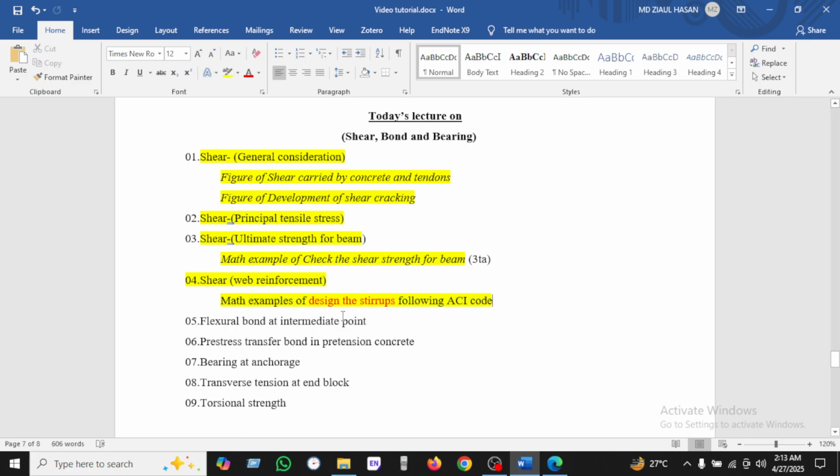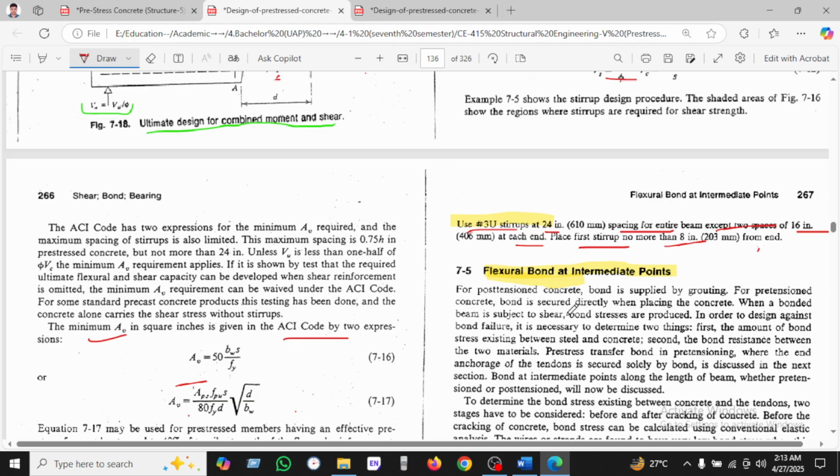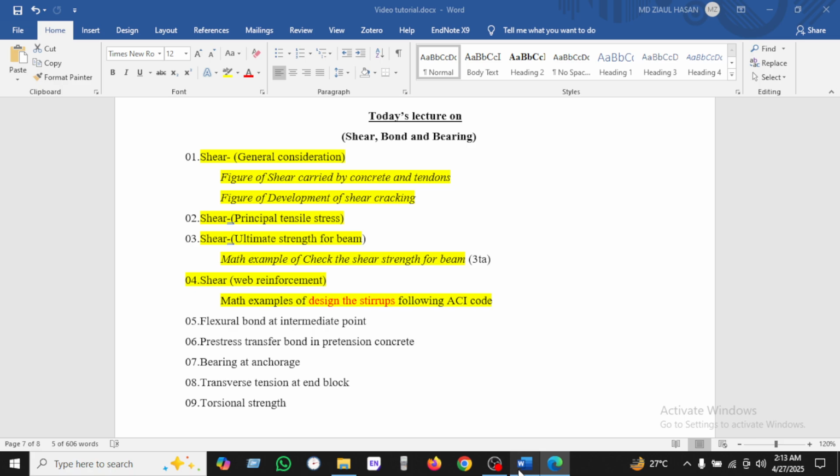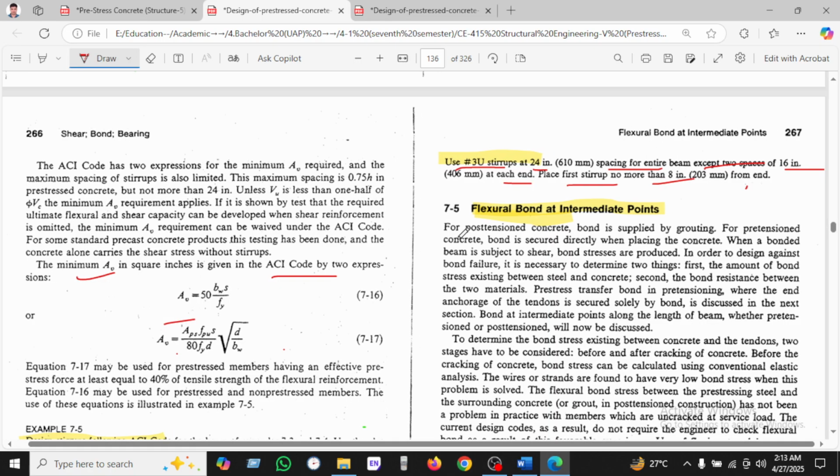Now we can see flexural bond at intermediate points. So here, flexural bond at intermediate points, we can see here some theory, all theoretical, there is no math example. Okay, so for post-tensioned concrete, bond is supplied by the grouting. For pretensioned concrete, bond is secured directly with the placing of the concrete.